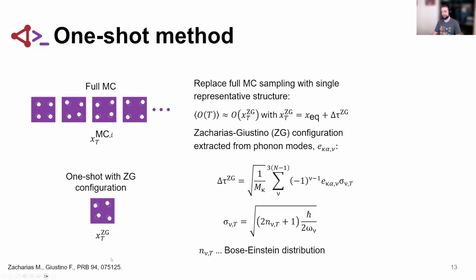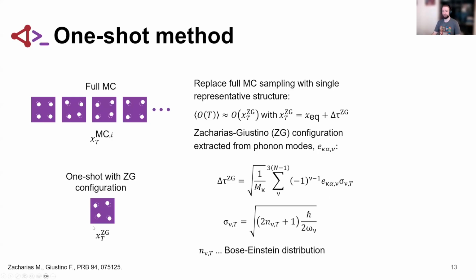You can read up in the paper how that is exactly done. But in essence, the idea is to once again make a linear combination of phonon modes where we have this additional factor here that gives you a temperature distribution, and also we alternate the sign with -1 and 1 with each changing branch of your phonon spectrum.